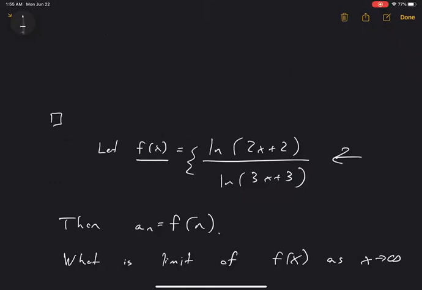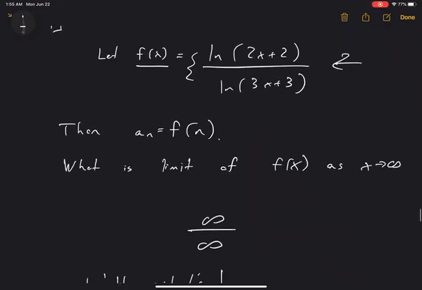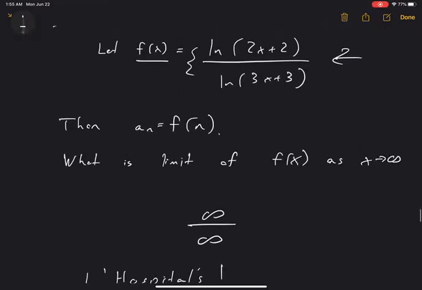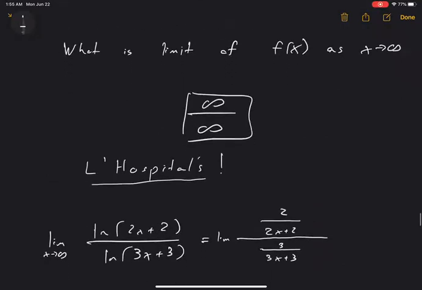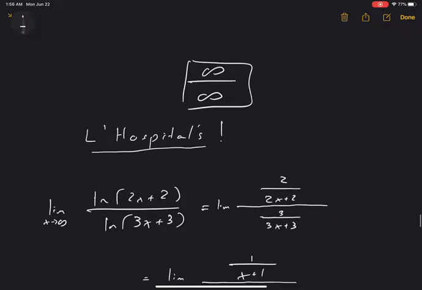What's the limit of that function? Well, just like in my sequence, I have an infinity over infinity. As x gets really big, this numerator gets really big, this denominator gets really big. So I have this infinity over infinity case. But now this is a differentiable function, so I can use L'Hopital's on it.